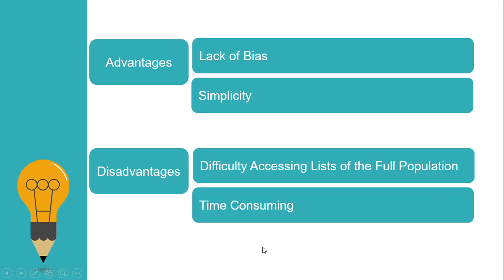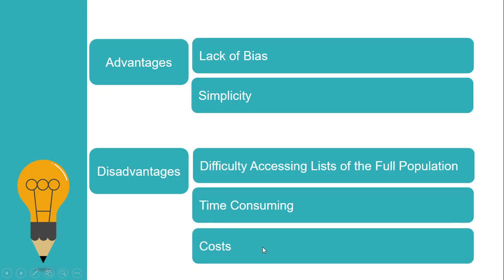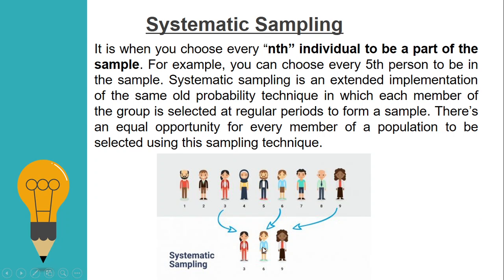If publicly available, the smaller lists can be used to recreate a full list of the large population. But this strategy takes a huge amount of time. So that's why it is a time consuming process. It's also costly. When it takes time to gather information from various sources, the process may cost a company or individual a substantial amount of capital. So it is also a little bit costly.